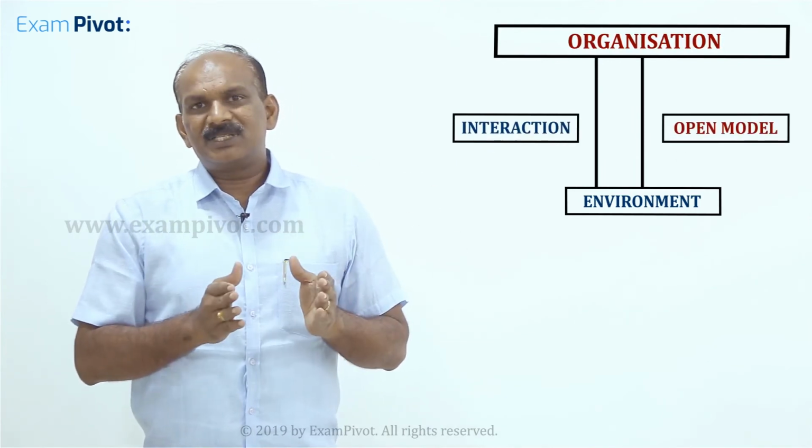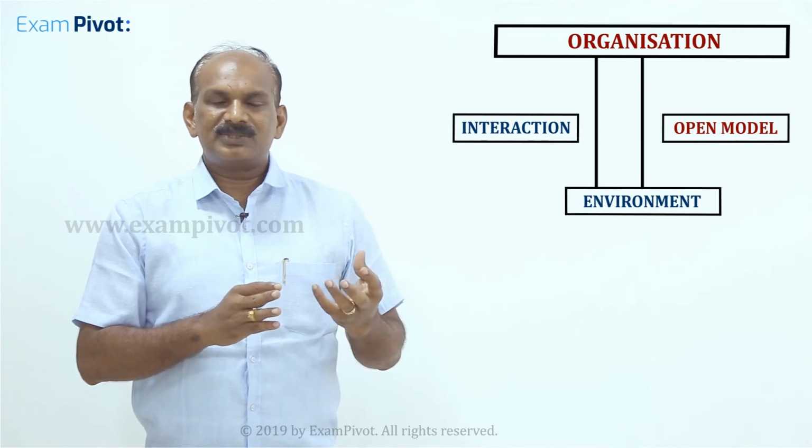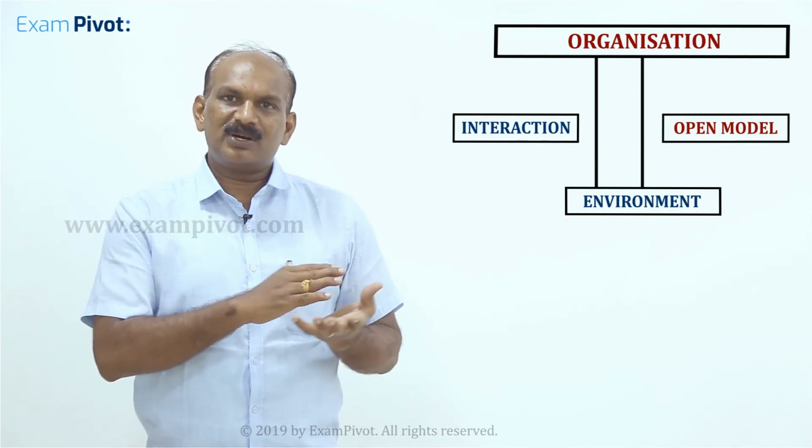Now coming to the evolution to the next stage, that is the open model, which is the extreme. Apart from science and technology, they began to see human values in the organization.